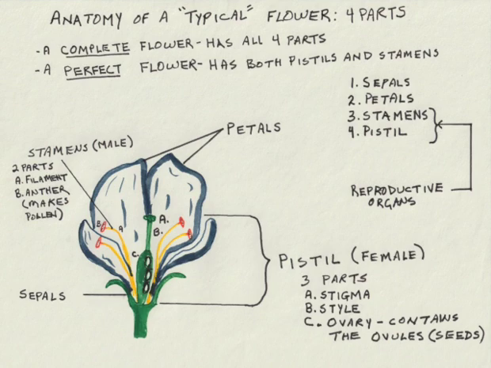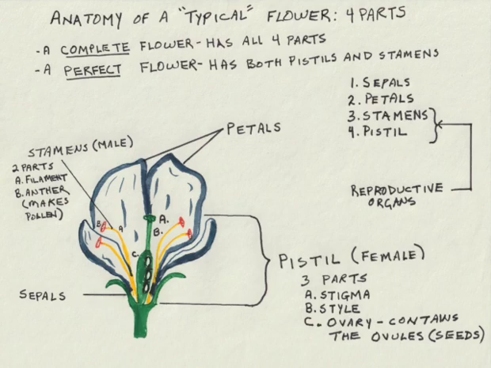It may tell you how long an average style is on a pistil. So it's always good to have a magnifying glass and a ruler that measures in millimeters if you're out identifying plants. And again, I want to encourage you. Some you'll learn so well you'll be able to know the plant and just pick it up when you see it. But some, when you go out and look for it, it'll be the first time you've ever found it, and you really want to make sure you know exactly what you're looking at.